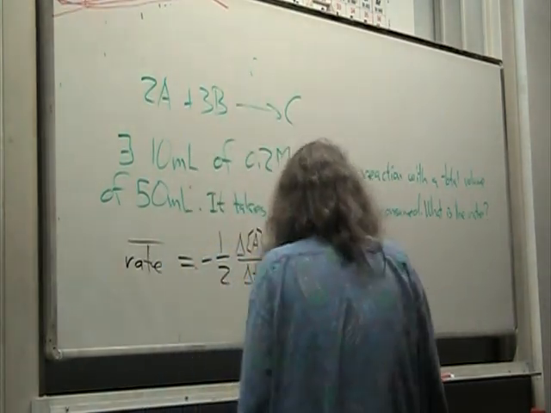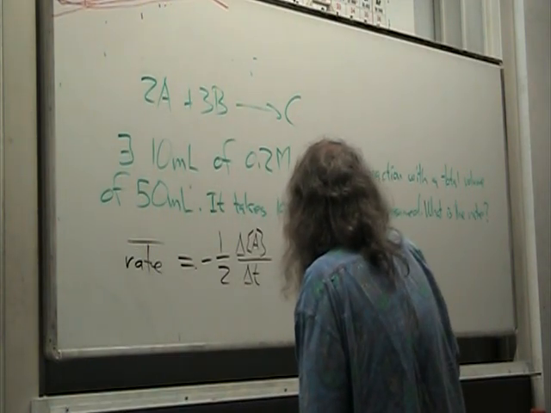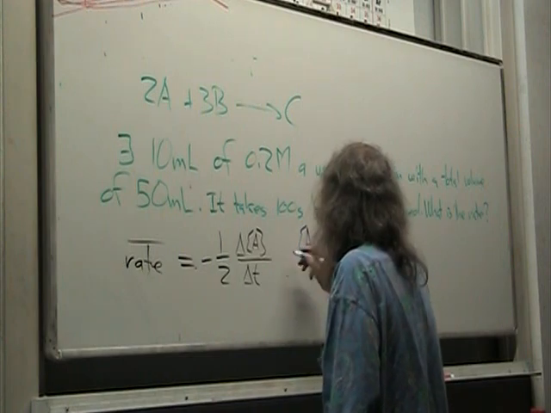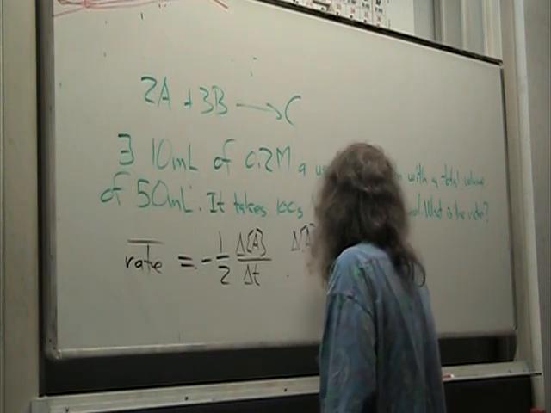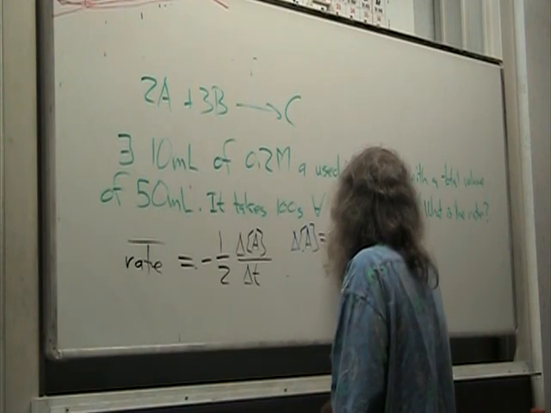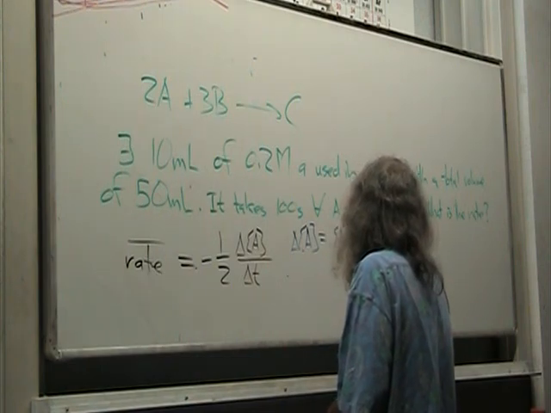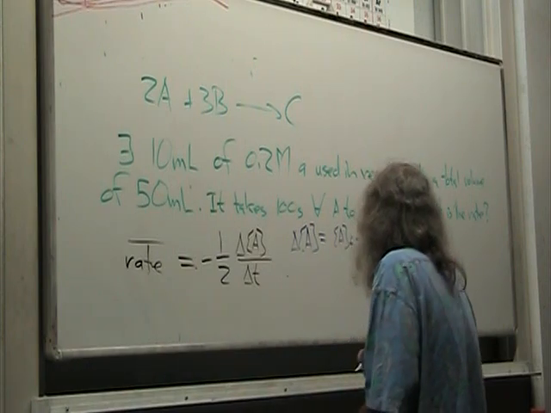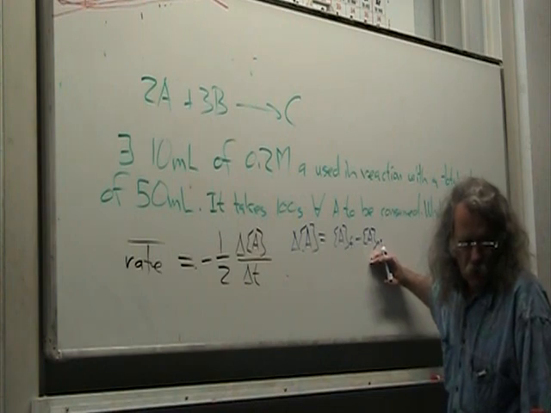So all we have to do then is find delta A, and delta A is the final concentration minus the initial concentration.